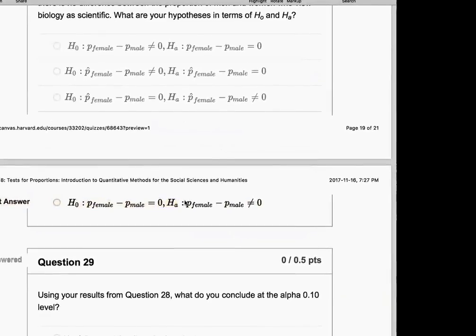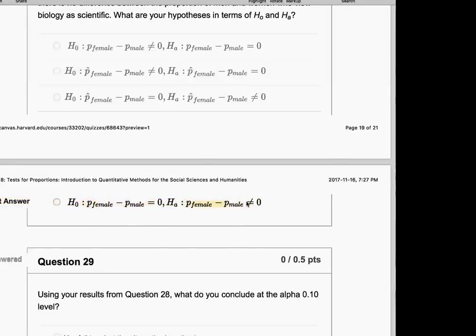So here, if we look at the proportion in the sample who believe a certain field is scientific between men and women, we want to compare male and female attitudes. Our null hypothesis is that there's no difference between men and women in attitudes, whereas our alternative hypothesis is that there is a difference greater than 0 or less than 0.